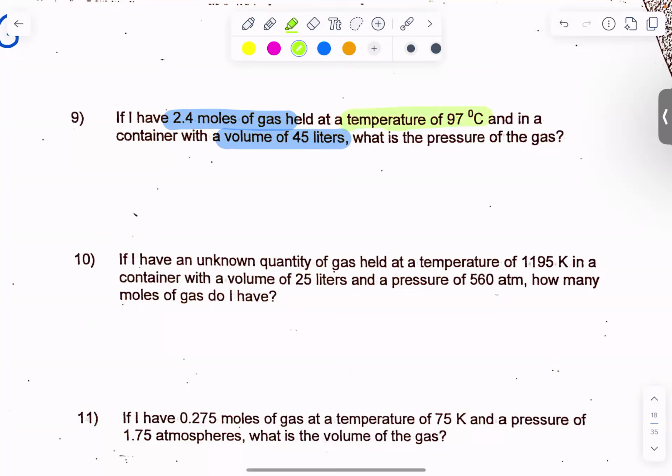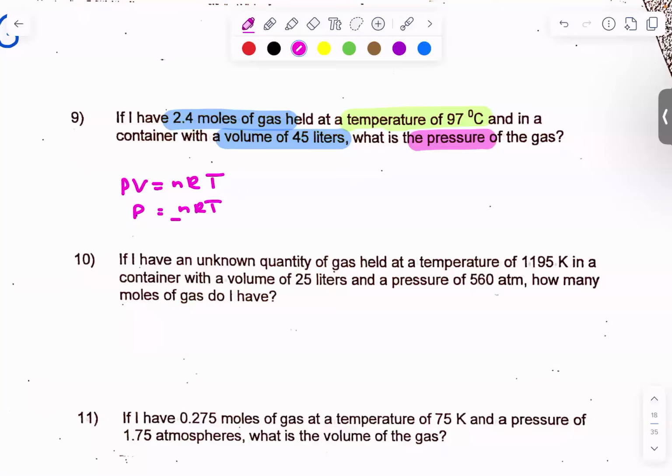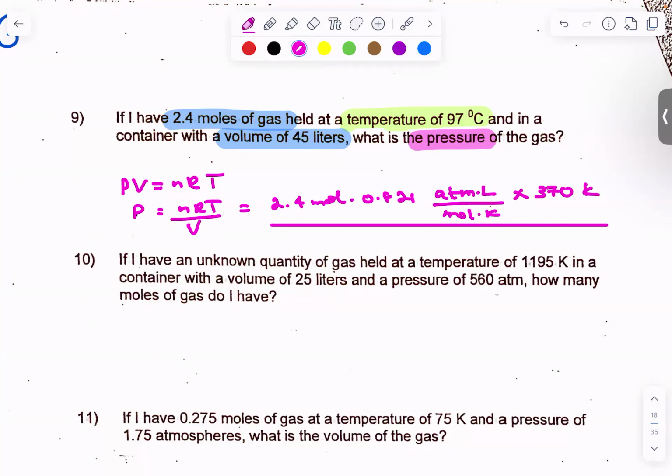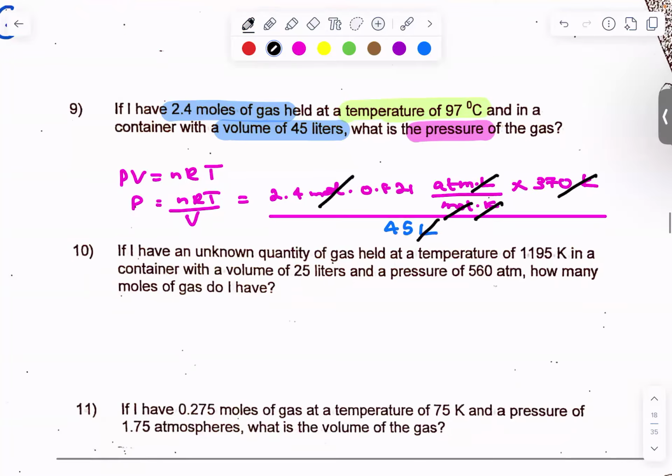So if PV equals nRT, then P equals nRT over V. And I got 1.62 atm. 1.62. Yes. 1.6218. Well done. Shabash.